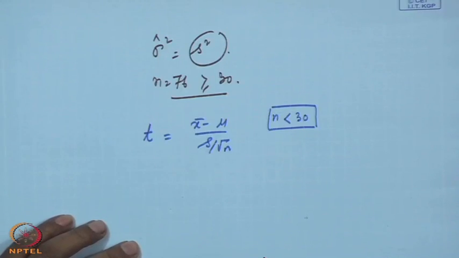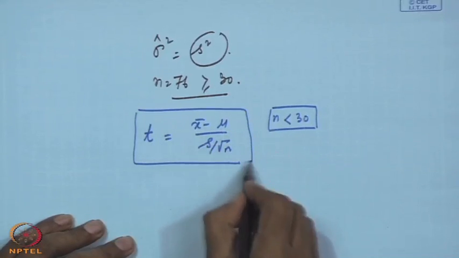Please keep in mind, when you sample from a normal population where the population variance is known, irrespective of your sample size, you will use the Z distribution. If the population variance is not known, but the sample size is large, you will use the Z distribution.